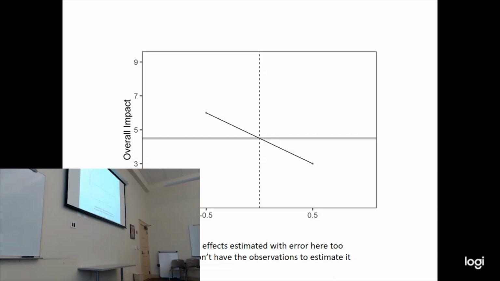It's just that I didn't have the observations to give me an estimate of that error. In essence, it could be that on the day that this reviewer gave me their reviews, they were working in a really noisy coffee shop, and they got pretty annoyed, and therefore they gave more harsh reviews than they would ordinarily. That might be a source of error. But I have no way of knowing that given the data that they gave me.